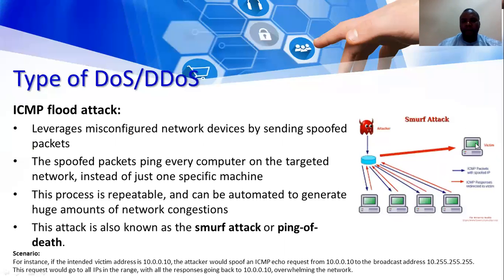It's an example of a DDoS attack, because you can see there will be a lot of traffic coming from the systems in this IP range to the victim system. So that is a good example of an ICMP flood attack.